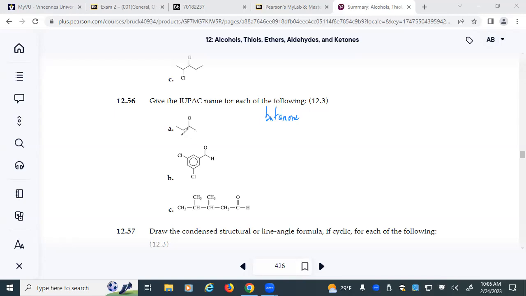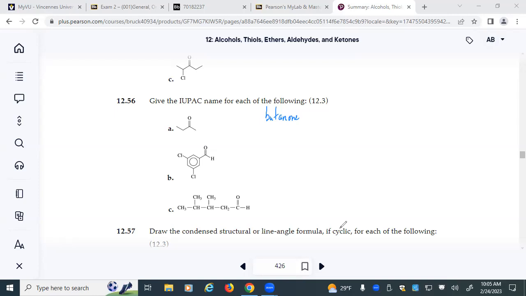And positions 3 and 4 are just mirror images of positions 1 and 2. So this is one of those examples where we don't actually need a number for the functional group because there's only one place that it can be. So very similar to when we do cyclohexene, for example.